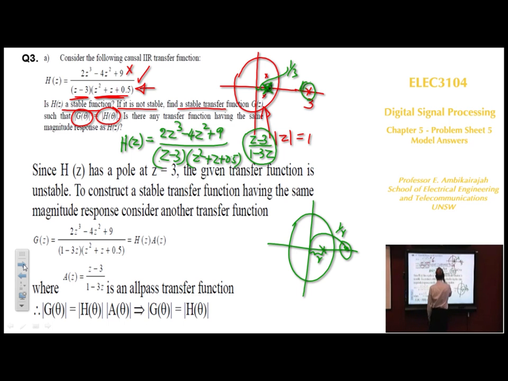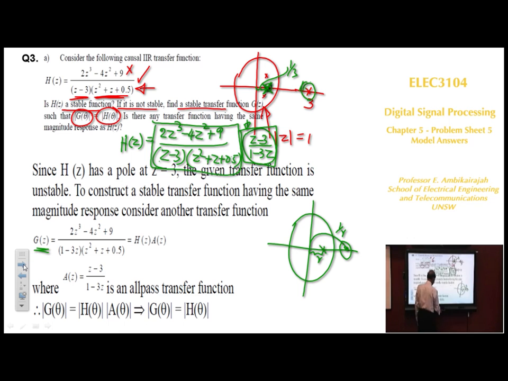So to make this stable, I need to find another transfer function and multiply. My new transfer function G(z) is going to be this one multiplied by this one. In that case, as I said to you, these two cancel out.